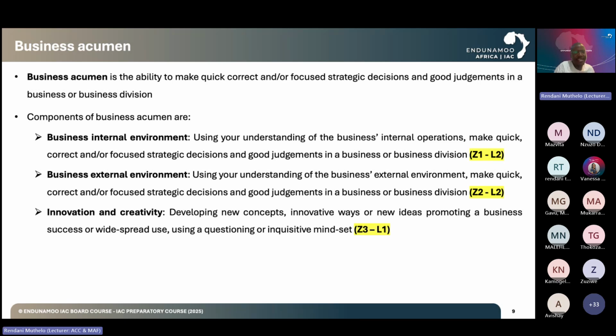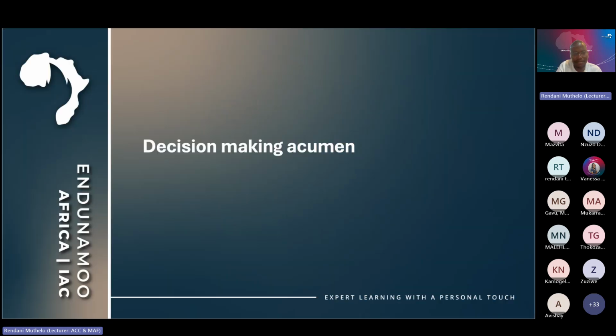I think I should have added the letter for business acumen. One of the things they've now done is assign letters to each acumen. So business acumen is assigned letter Z. In an assessment, as part of the required, let me quickly jump there.